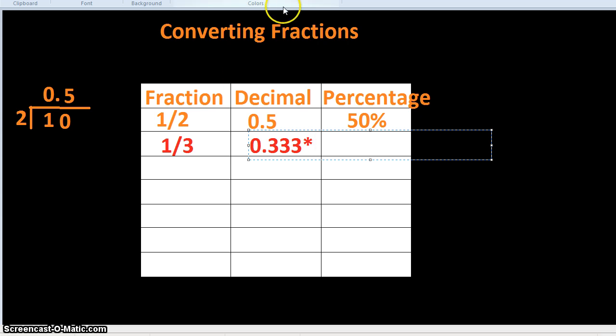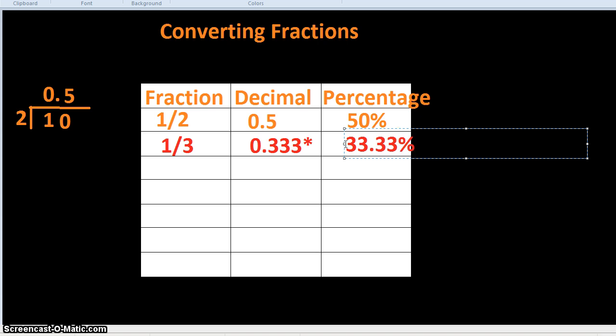Now if you multiplied that by 100, what you'd get is 33.33, etc. percent, going on forever. But essentially it's 33%.